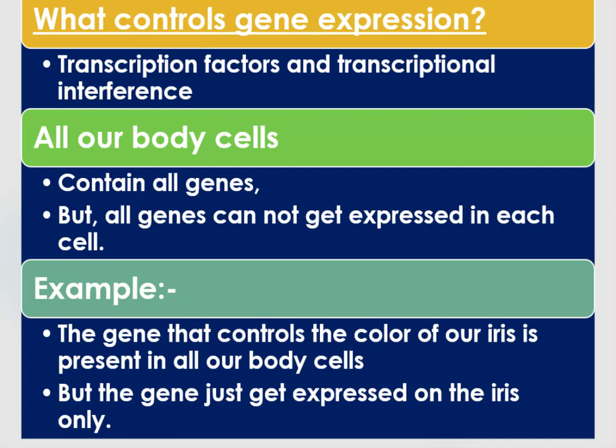What can regulate gene expression? Genes can be regulated by transcription factors and transcriptional interference. We know that all our body cells contain all genes, but all genes cannot get expressed in each of our specialized cells.